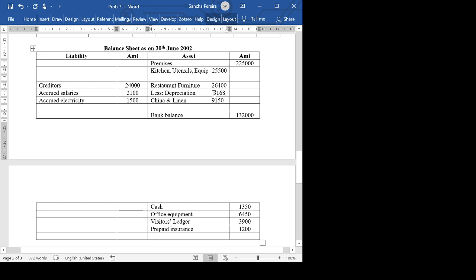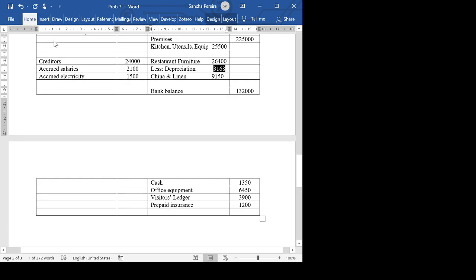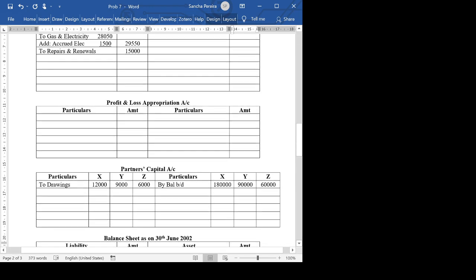Minusing that, 26,400 minus 3,168, we get 23,232. We also need to show this depreciation in the P&L account.